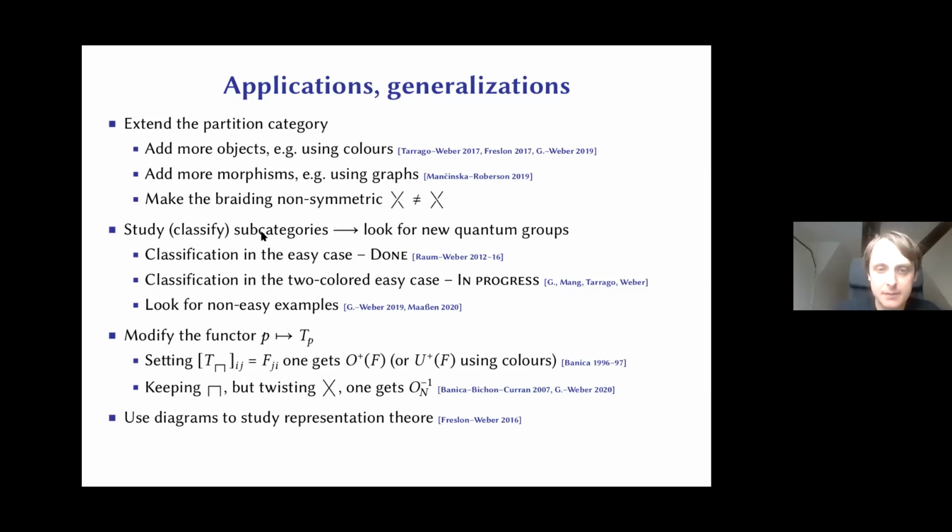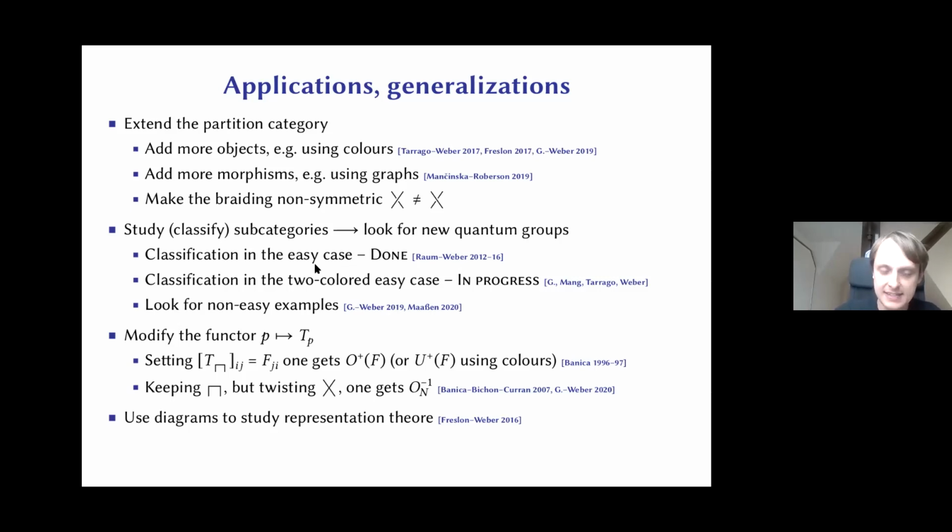You can also study subcategories, and this is convenient because for any category of partitions, let's say, or any category of pairings, you can use the same functor, and using the Tannaka-Krein duality, you obtain some quantum groups. So you have new examples of quantum groups just by looking for examples of those partition categories. And the classification is actually done in the so-called easy case.